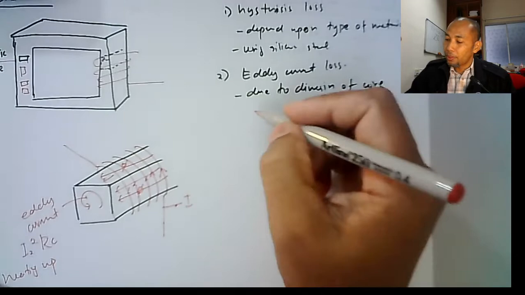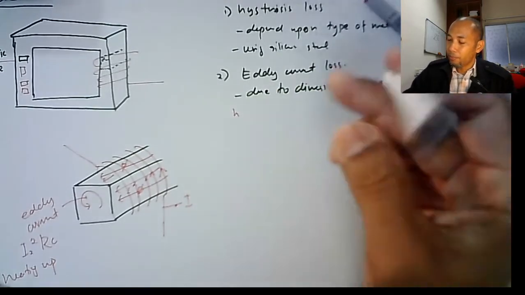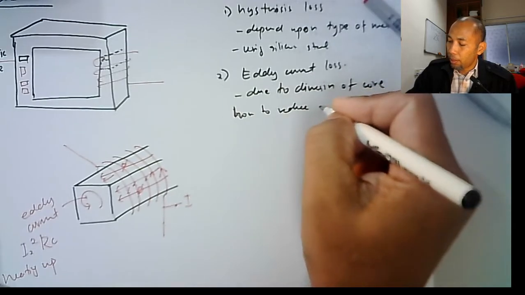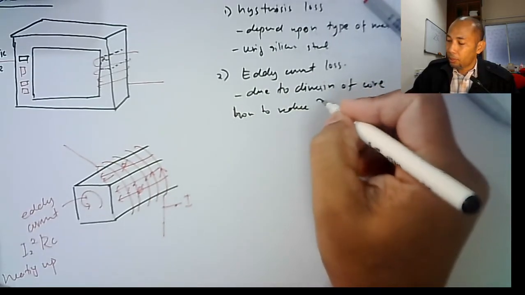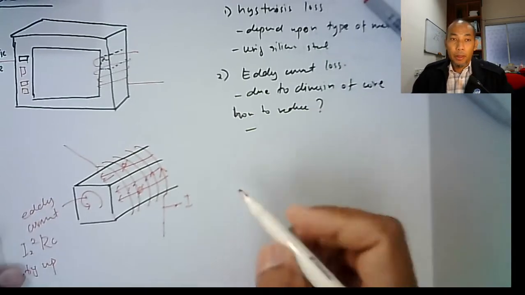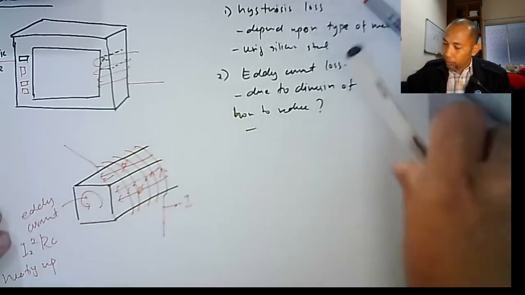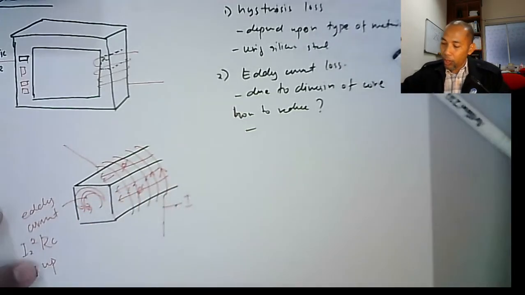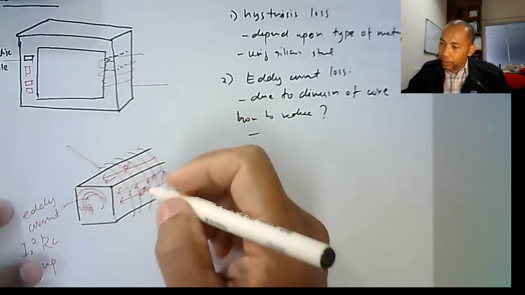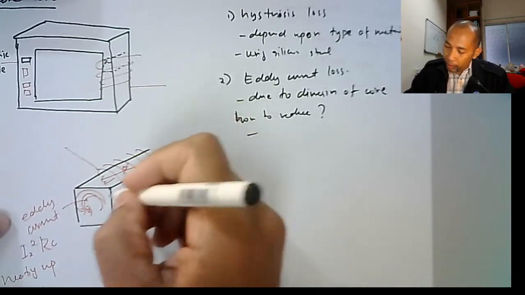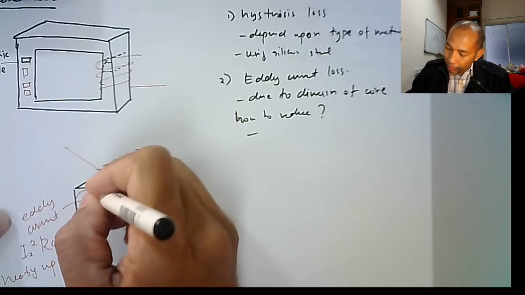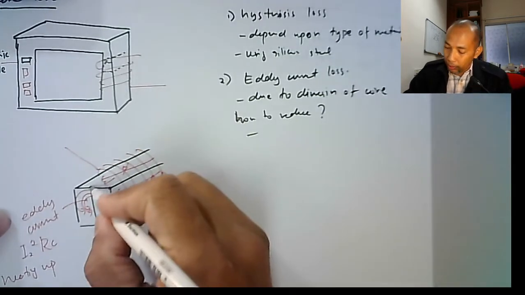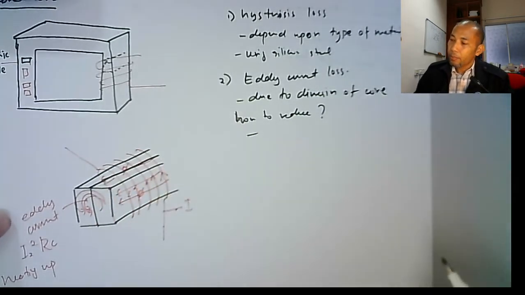So how to reduce it? Look at the eddy current. We can split our core like this.